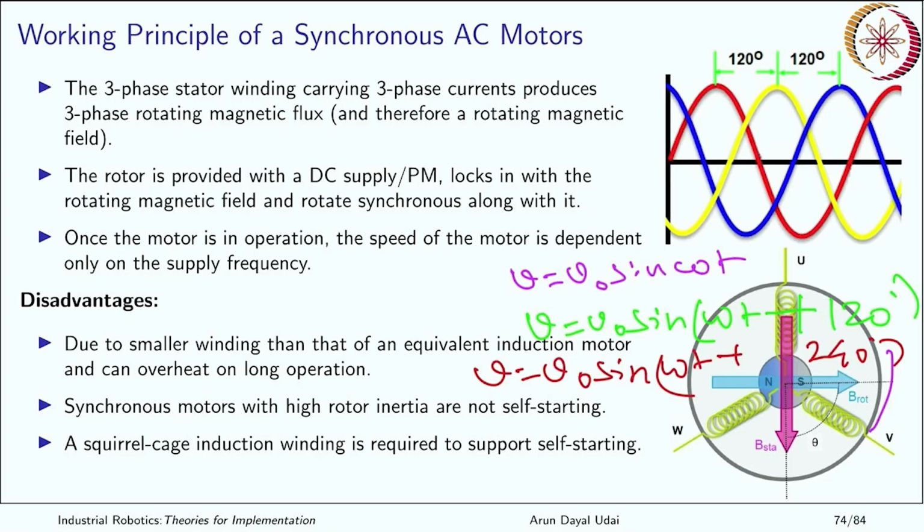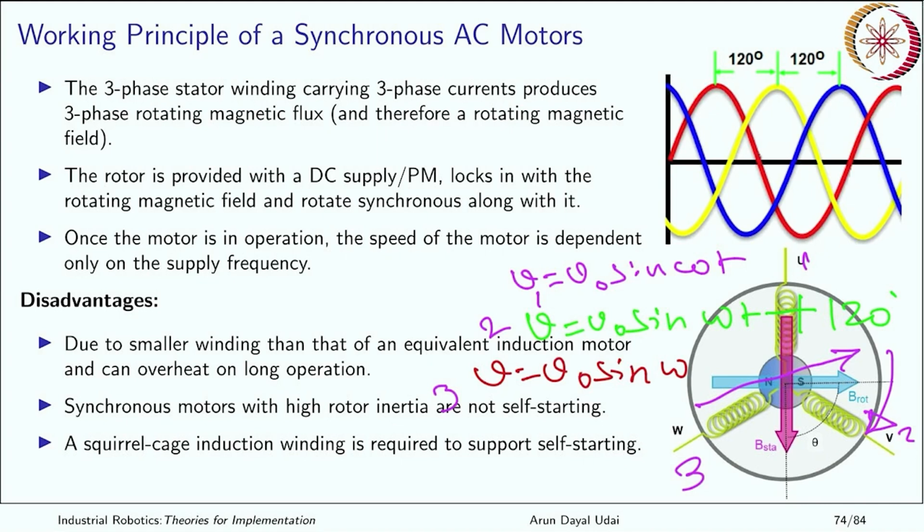So this creates a rotating magnetic field here. Got it? If one of them has supply 1, the second has 2 and the third has 3, this will create a field which is rotating in nature, and that carries a rotating magnetic field.